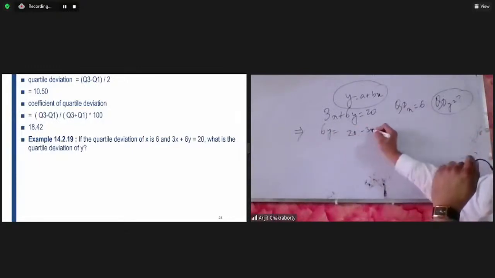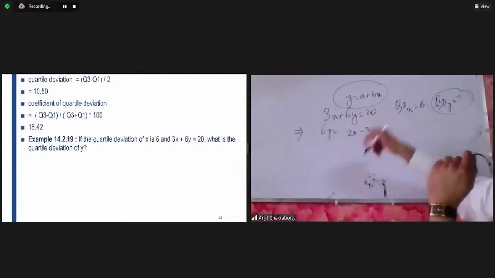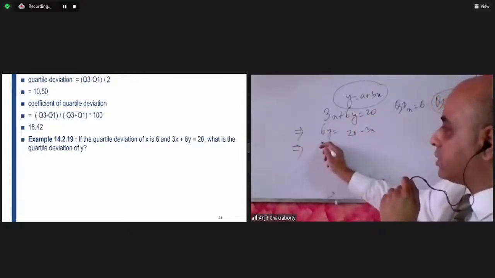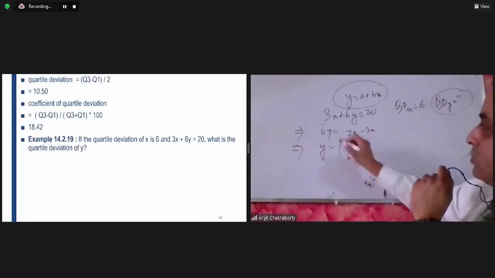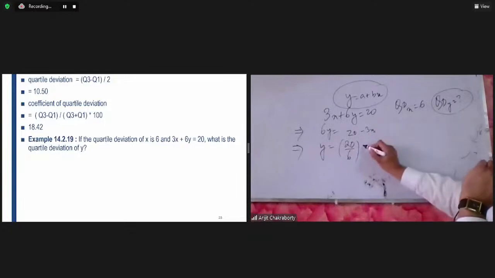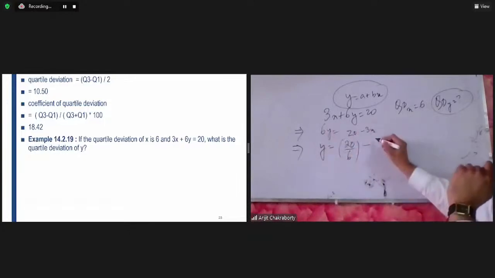20 minus 3x. 3x comes to this side. Now I can write it like this, y is equal to 20 by 6. I'm dividing the right hand side by 6. Minus 3 by 6. Minus 3 by 6 into x.